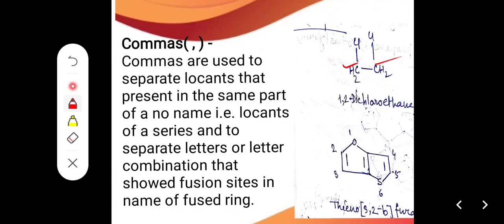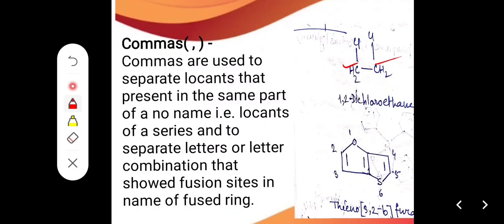And to separate letters, sometimes letters also need to be separated, so that is a letter combination that shows a fusion site in the name of a fused system. So overall, in any organic compound, to separate the locants, maybe 1, 2, 3, 4, maybe alpha, beta, gamma, maybe A, B, C, D, we can put a comma in between them.